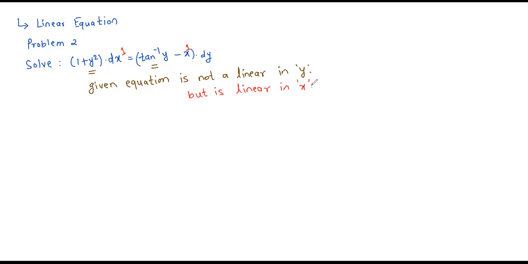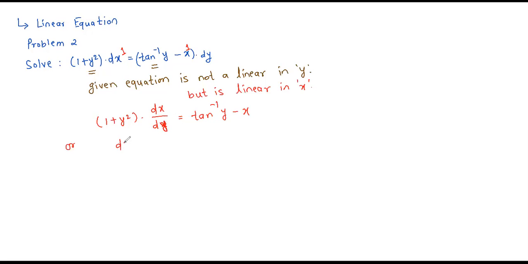Therefore, we can write the given equation in the form (1 plus y square) dx upon dy equals tan inverse y minus x.